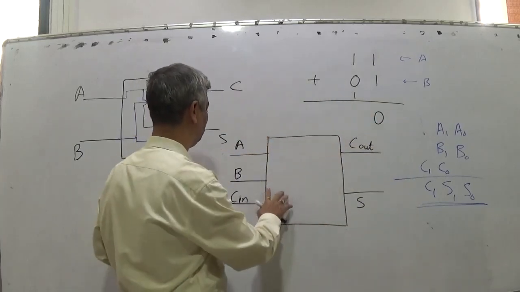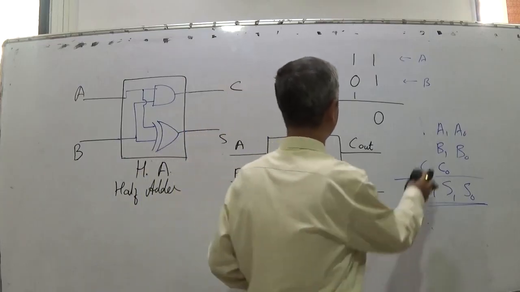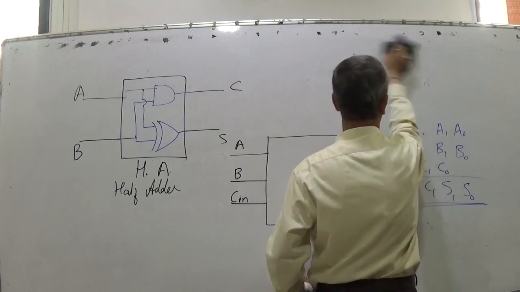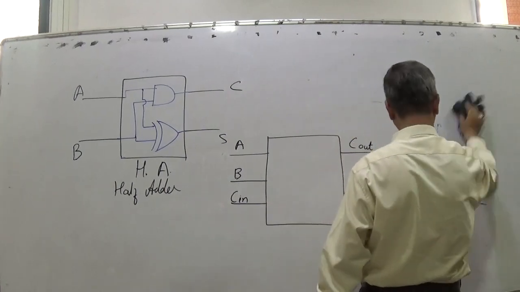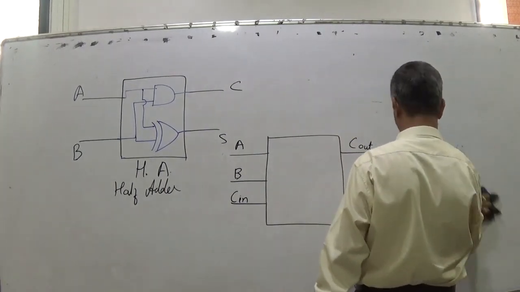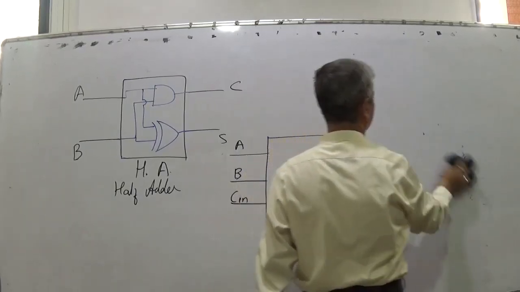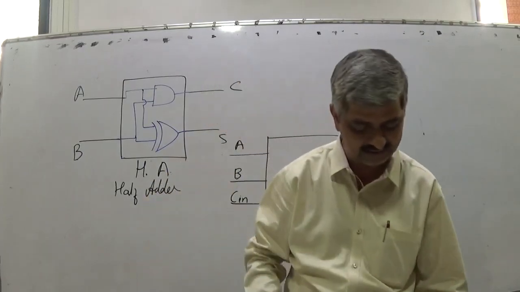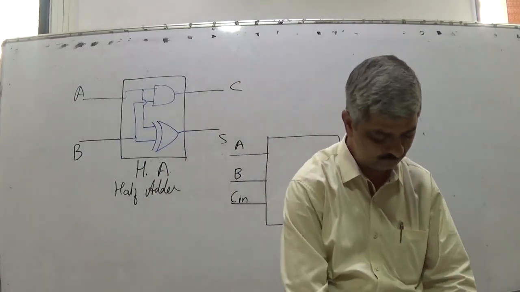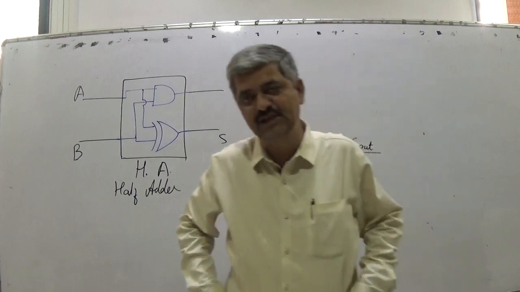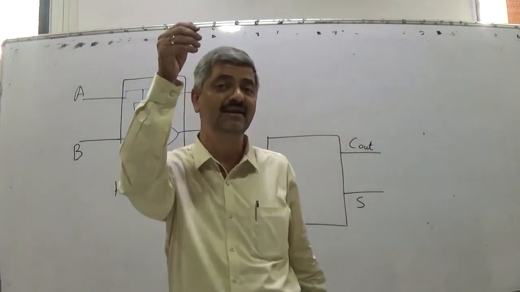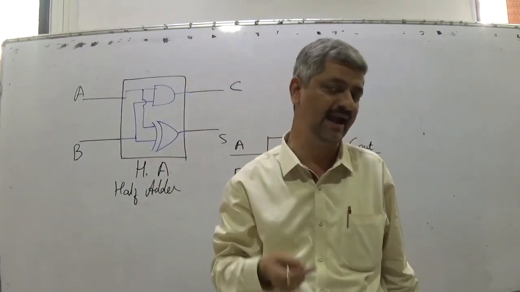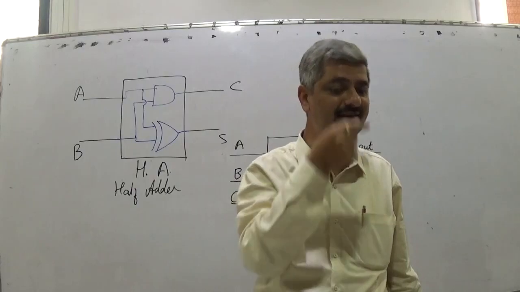So what's the truth table? The truth table is very simple. We can generate a truth table. So in general, when I say adder, we should have provision for addition of 3 input pins, A, B and carry in, and output pins are sum and carry out.